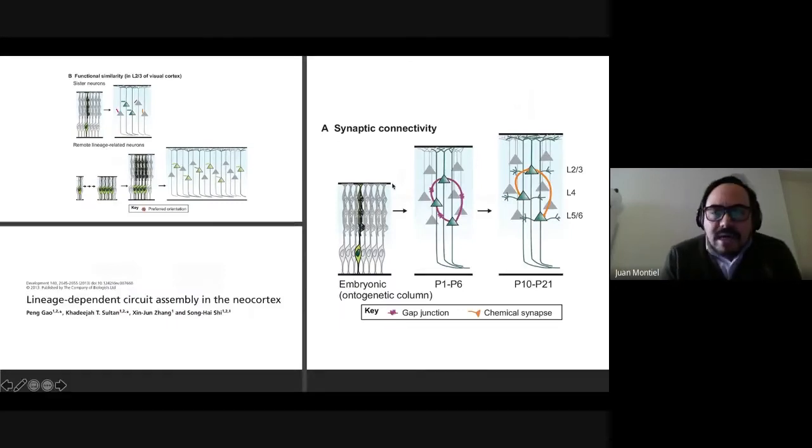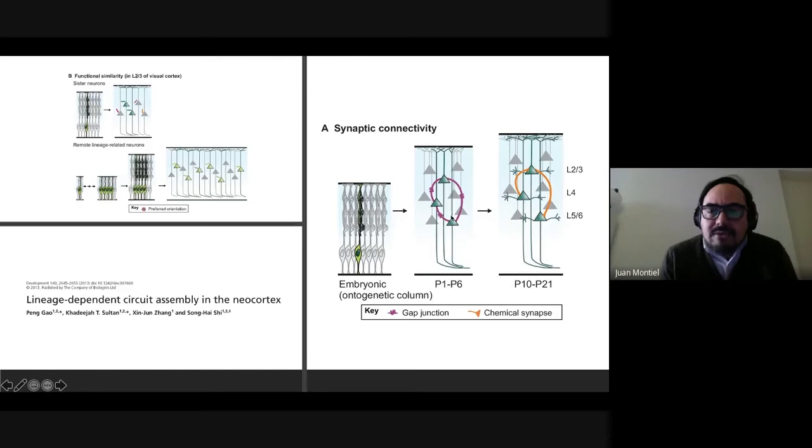And how did this happen? Well, we have these ontogenetic columns, which is the one that I talked about before. That is the generation of descendant neurons from the same progenitor, and this is a clone. And they will have synaptic connectivity at P1 to P6 that is driven by gap junctions, these electrical junctions.